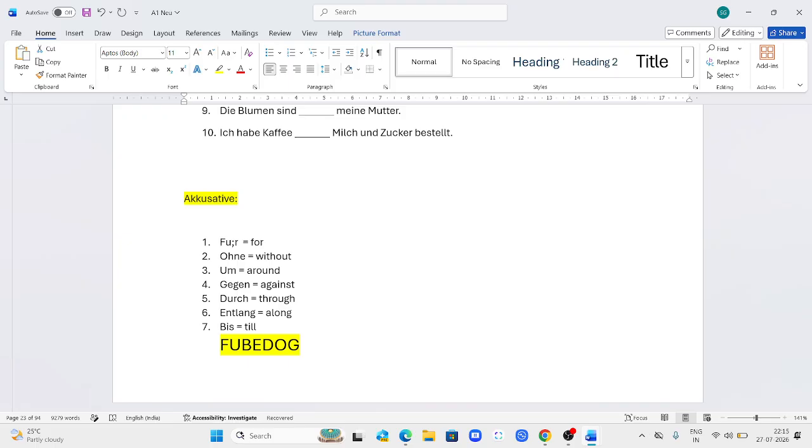Entlang is along, bis is until, and that totally makes up FUBEDOG, which is all these prepositions will go with accusative. No doubts at all. Got it?